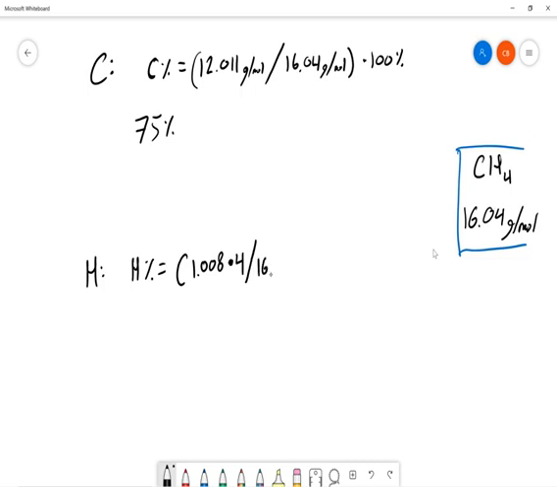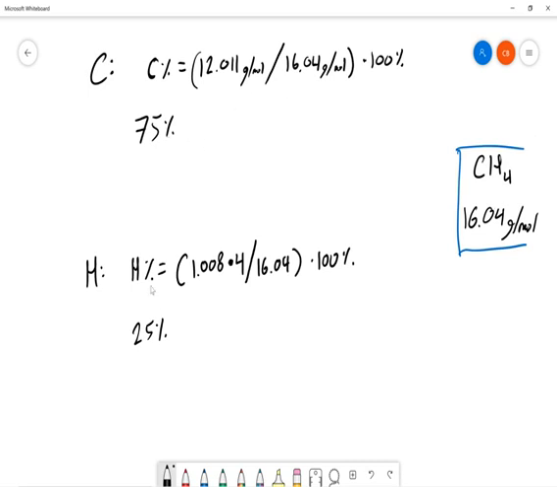So whatever the formula is written as, you need to multiply your masses by that much. Hydrogen in this case is 4. Carbon would be, I guess, multiplied by 1 if you wanted to be real mathematical about it, but multiplying by 1 doesn't do anything, so we usually ignore it. Divided by the entire mass times 100% works out to be 25. Okay?